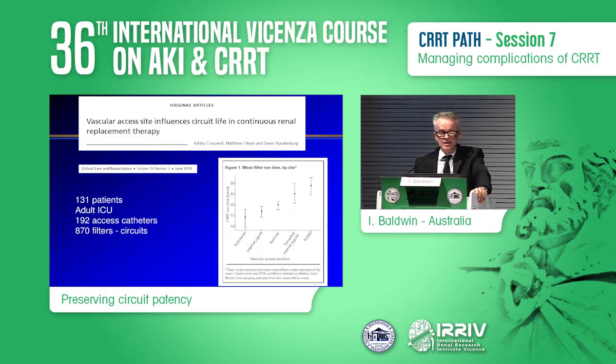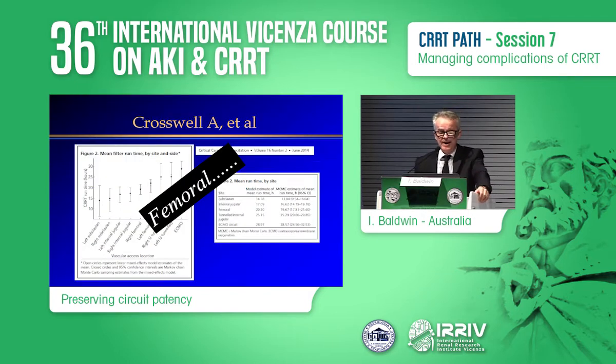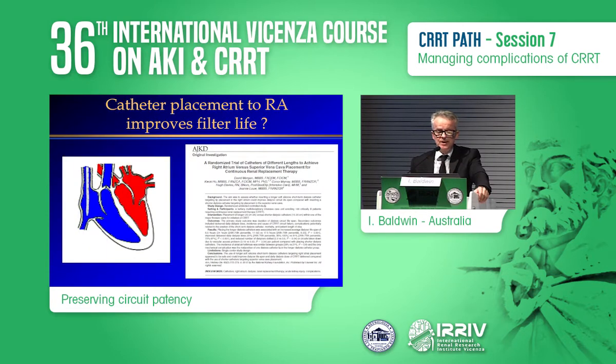Data from another study done in Australia at a larger hospital in Melbourne, 131 patients with 192 access catheters, and nearly 900 circuits, showed, including the data here for ECMO and tunnel devices, that it was the femoral, and in fact, this graph showing the runtime or the filter life by site, it was the right femoral more favourable compared to the left. So I think the femoral site's the one that most people use by convenience, and has got some good evidence that it's the right thing to do.